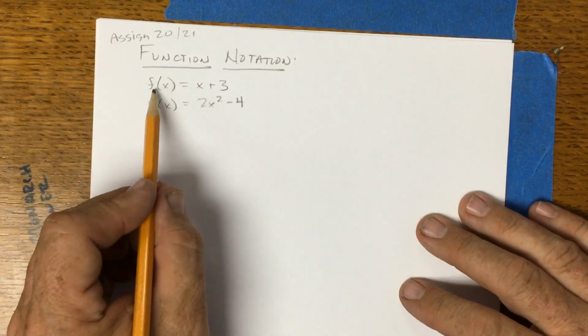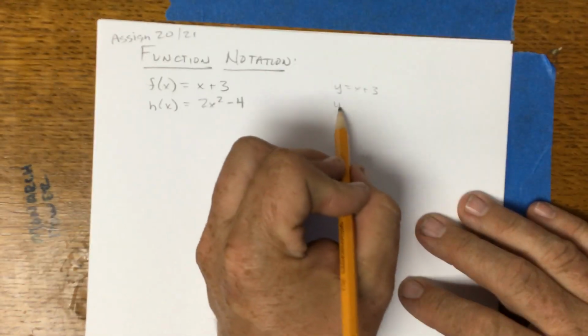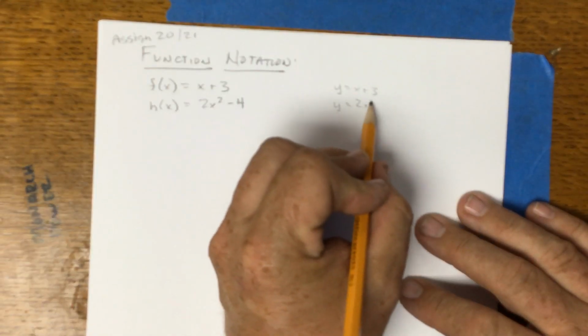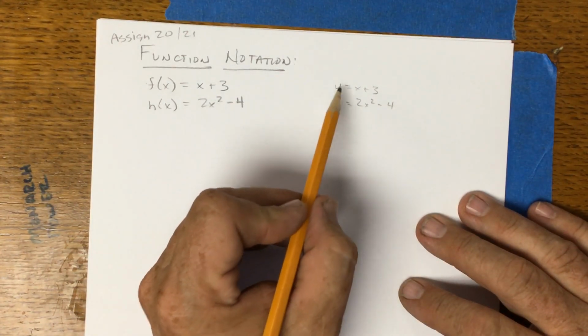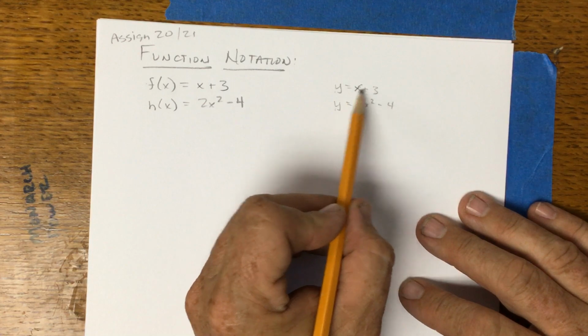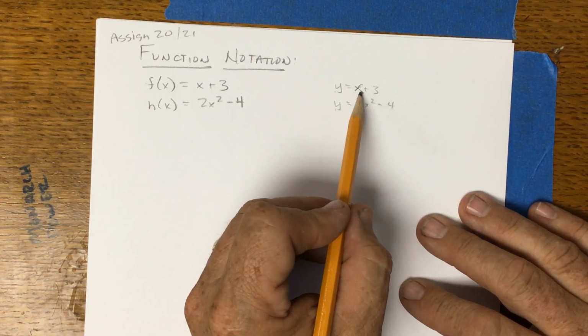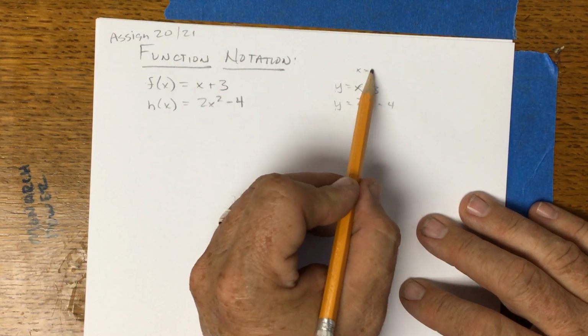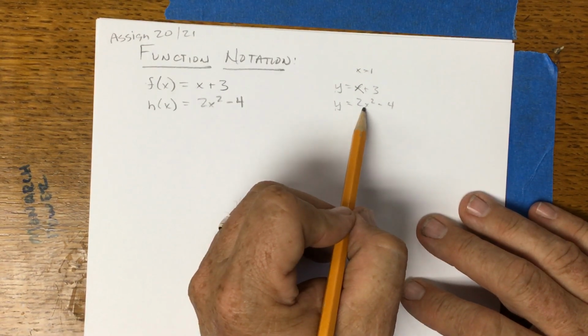It's easier to write that than it is to write y equals x plus 3 and y equals 2x squared minus 4, because we clearly have two different y values. And if I plugged in x equals 1, I'm going to get y equals 4 here, and I'm going to get y equals negative 2 here.